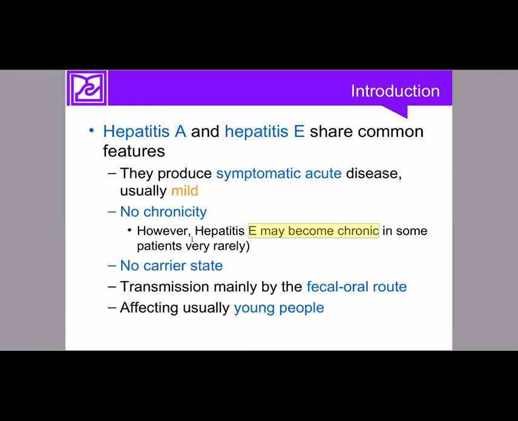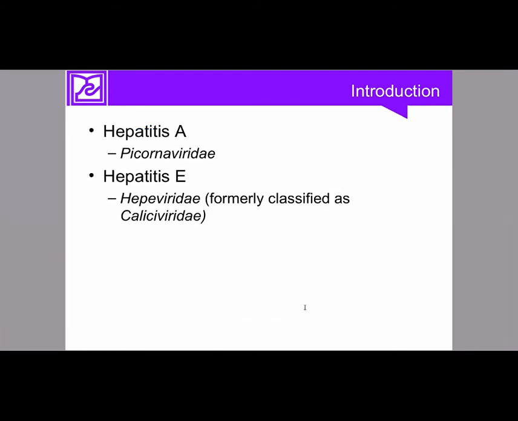But this is very rare, but it may happen, okay? In general, hepatitis A and E do not become chronic. They are transmitted by the fecal-oral route, and this is new. Hepatitis B, C, and D cannot. And hepatitis A and E usually infect young people. Acute hepatitis in young people.